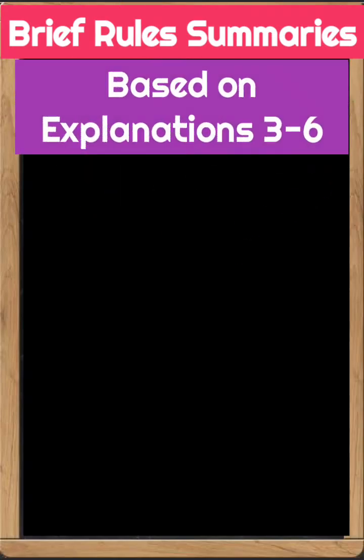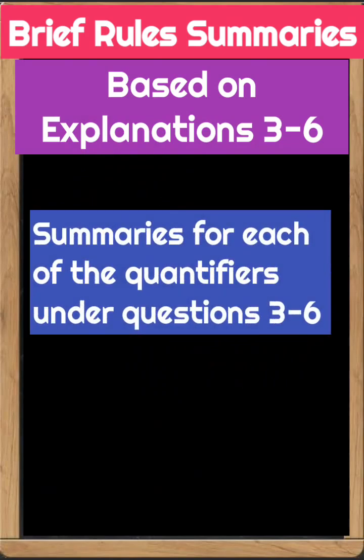Now I am going to present briefly the summaries of the quantifiers that have been mentioned under these four questions. Next, I am going to give you brief rule summaries for each of the quantifiers given under each of these four questions, question 3 up to 6.